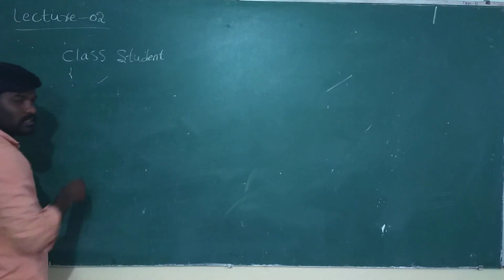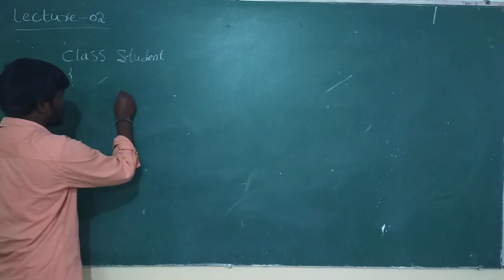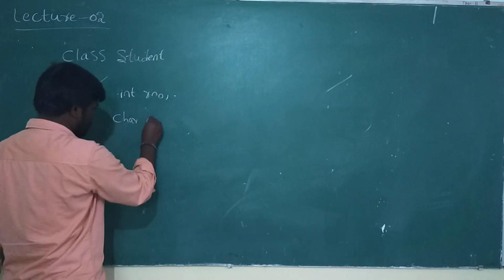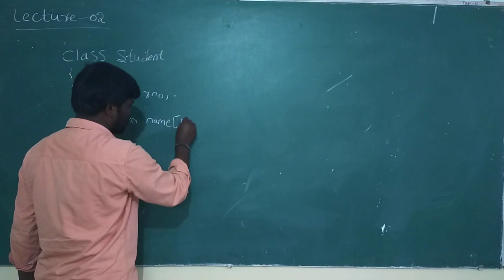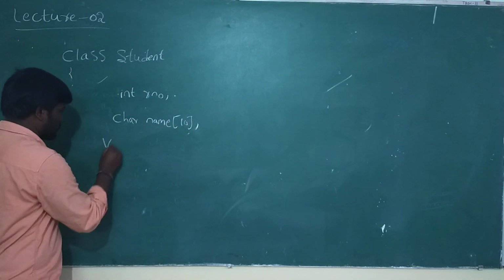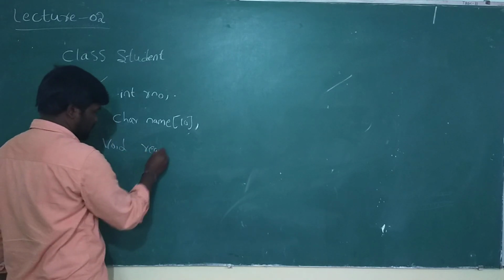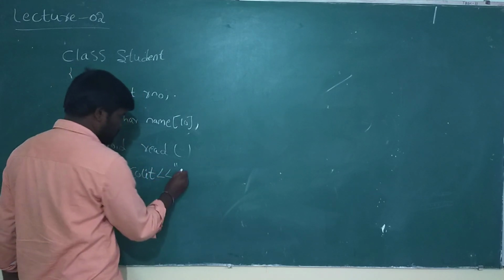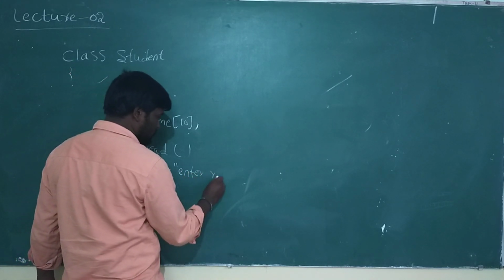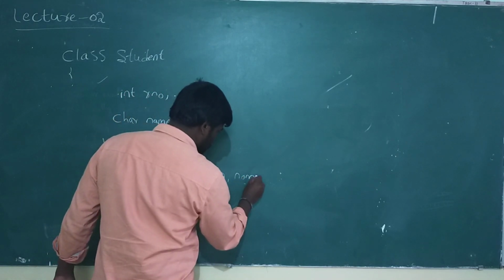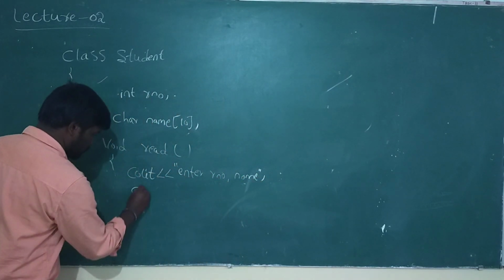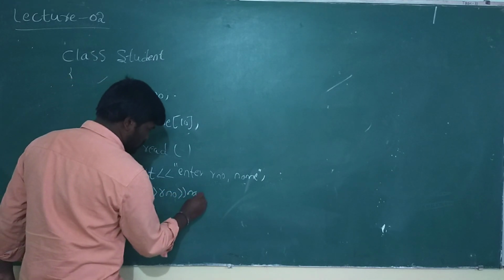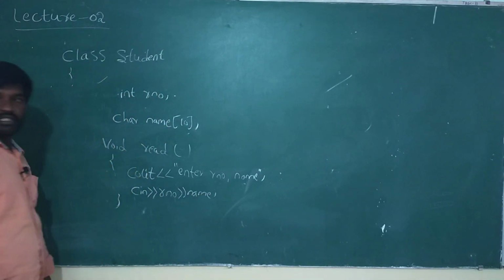Class Student I can consider, and the properties of the student are int roll number and name. So I can write one function, that is the read function.